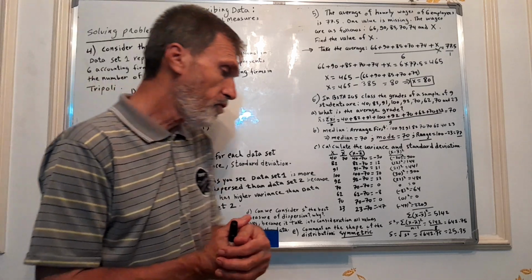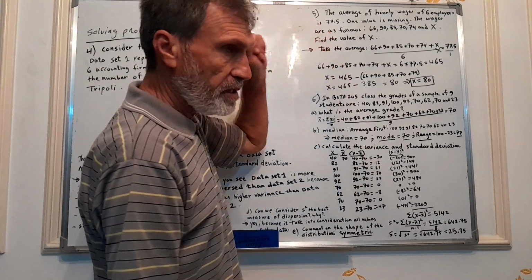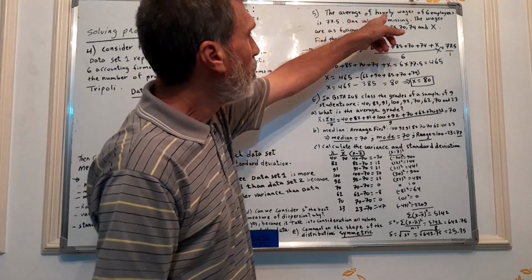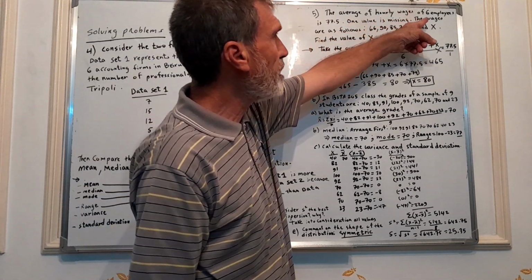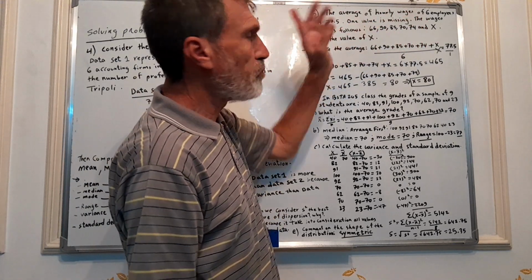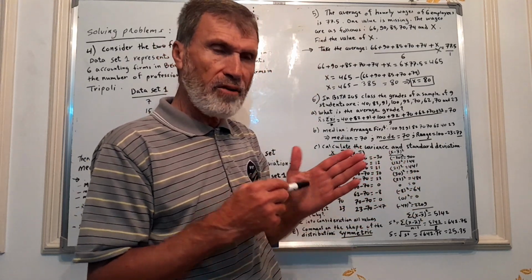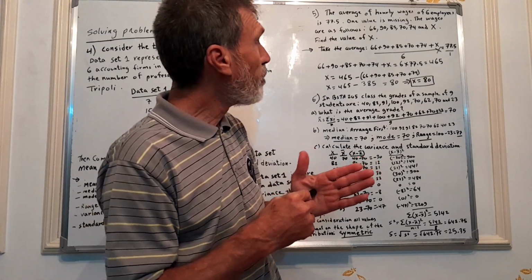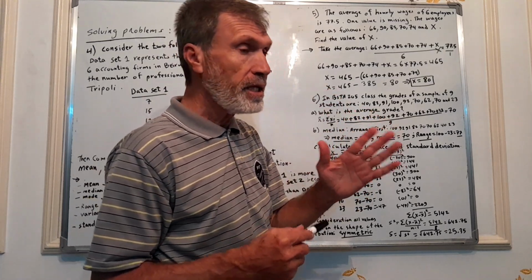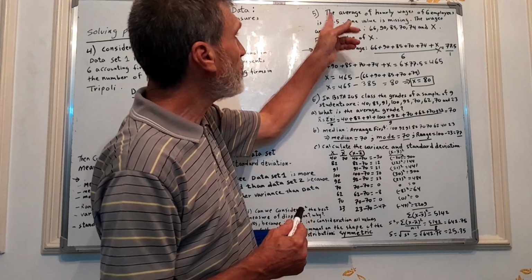Now, we move to problem 5. Problem 5 says the average of hourly wages of 6 employees is 77.5. So in this question, the average is given, 77.5.